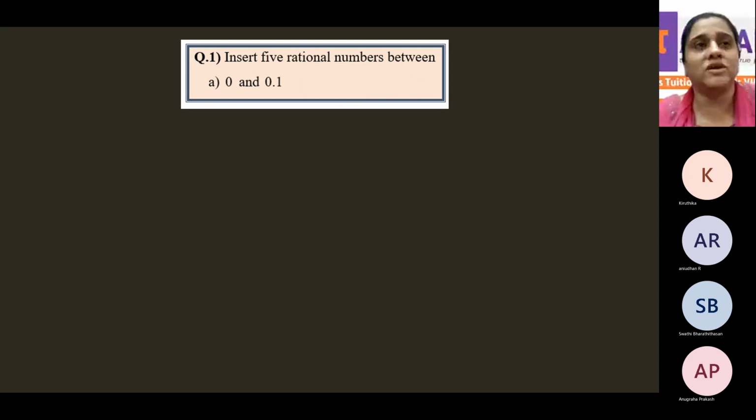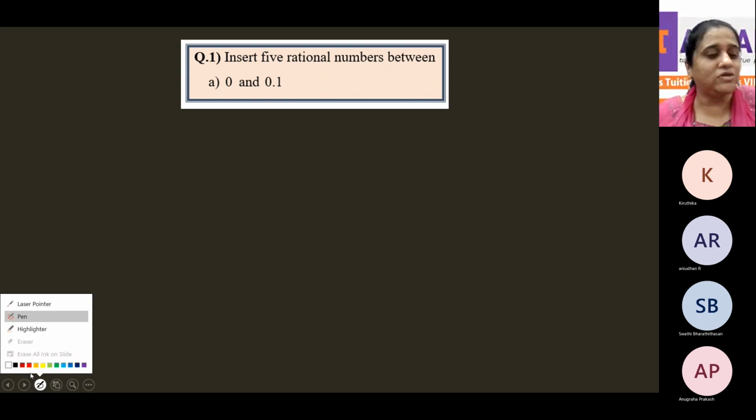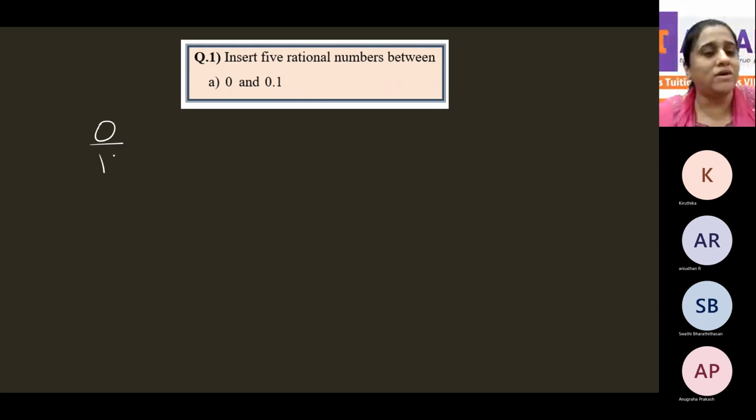Okay, so the question is insert 5 rational numbers between 0 and 0.1. All right. Now 0 is a rational number because 0 can be written as 0 by 1, 0 by 2, everything means 0. And what is 0.1? It's a terminating decimal, so it's a rational number.